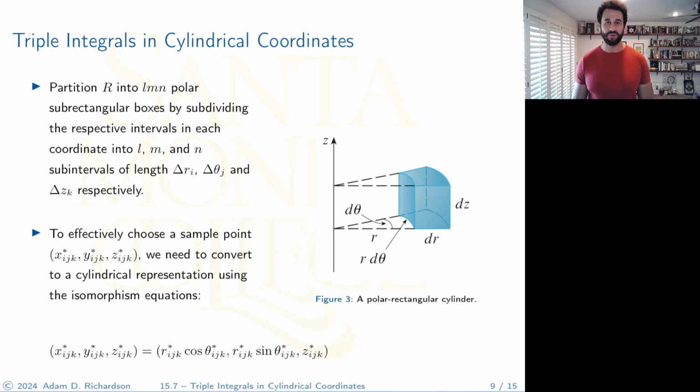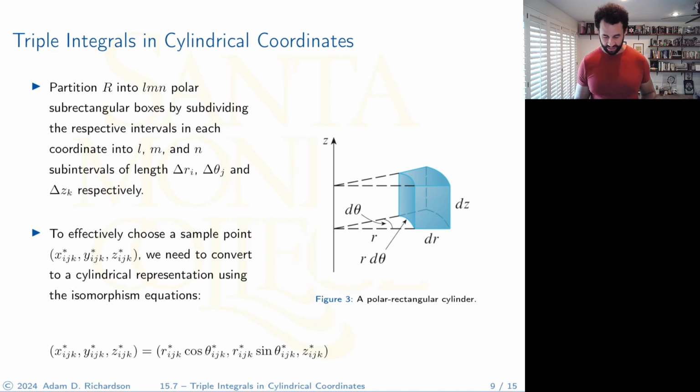So I hope this is getting boring now because it's the same thing, right? Basically, partition your rectangle into a bunch of little sub-rectangles. This is kind of what the sub-rectangles look like. And then we're going to choose a sample point in each one.